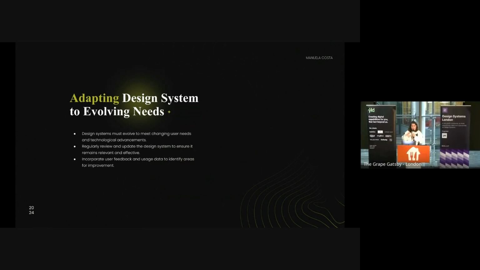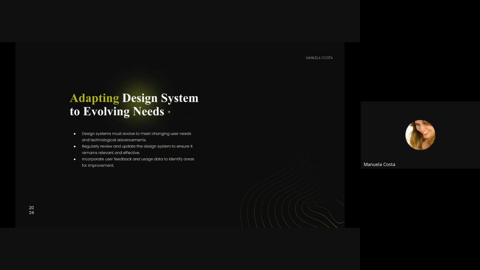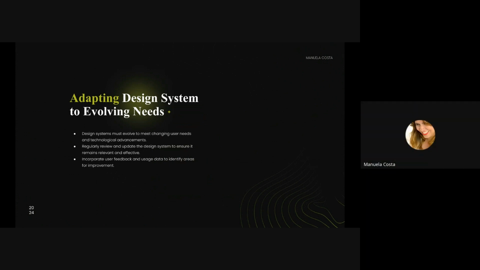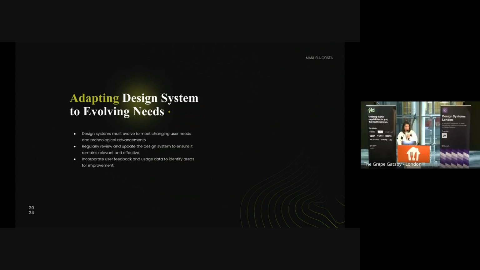So let's talk a little bit about the need for evolving the design system, which also impacts adoption directly. A design system must evolve to meet the ever-changing needs of the users and of the technology as well. Regularly review and update the design system to ensure its relevance and effectiveness. Incorporate user feedback and user data to identify areas for improvement.